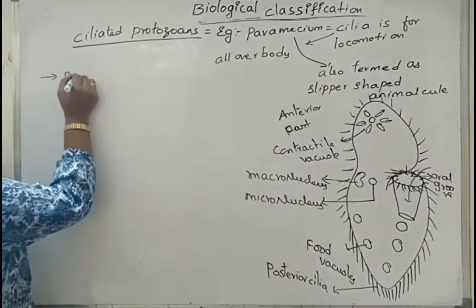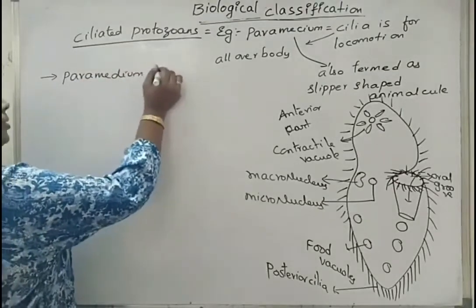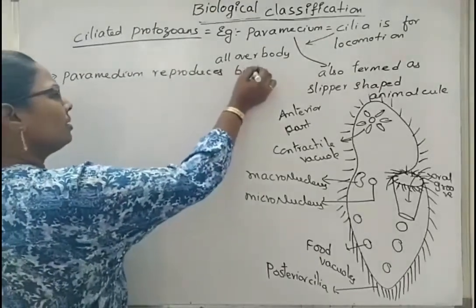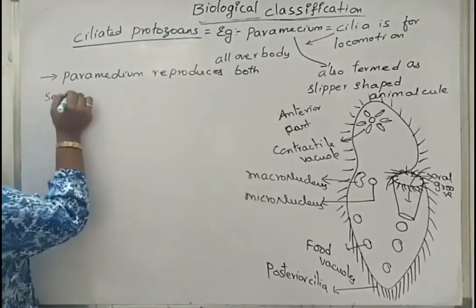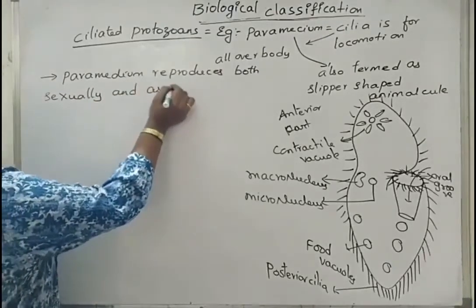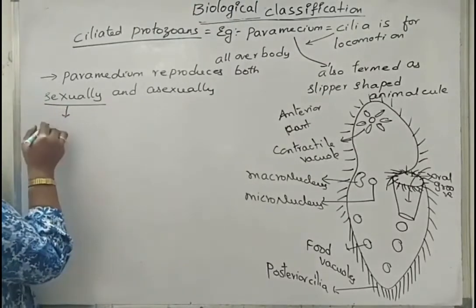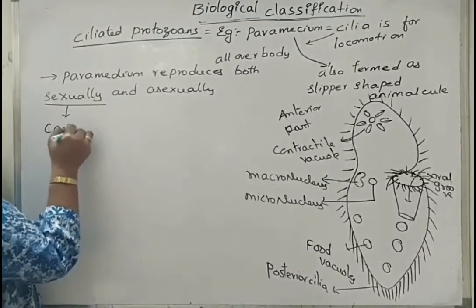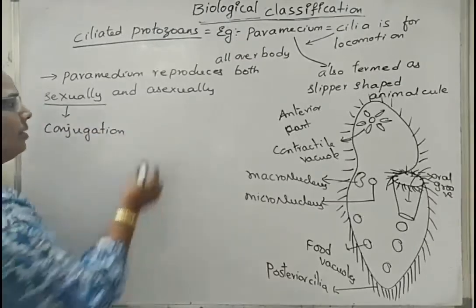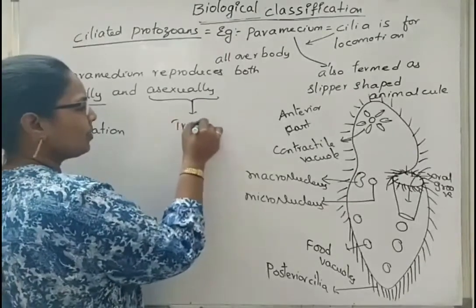So Paramecium reproduces both sexually and asexually. Sexually, the process is called conjugation. Asexually, there is transverse binary fission.